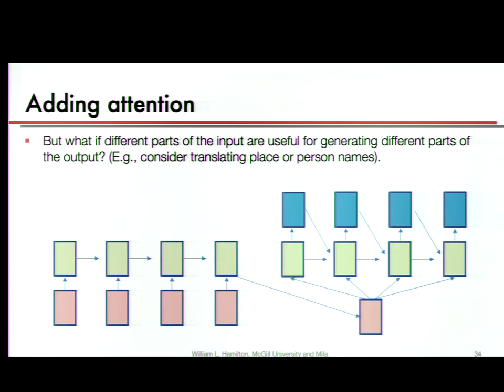So the idea with attention is, instead of just trying to monolithically encode the entire context into one context vector, we're going to have it so that different hidden states in the decoder can pay attention to different hidden states in the input encoder, depending on parameters that we're learning. So the basic idea is that the decoder is allowed to attend to different parts of the encoder.